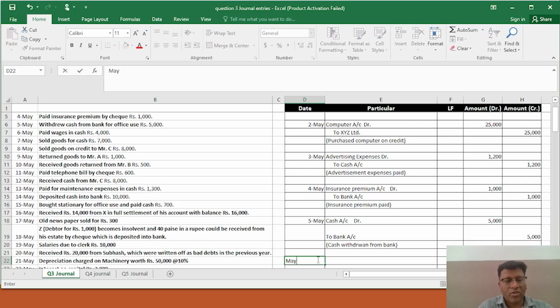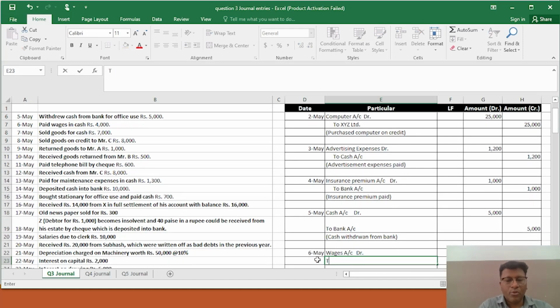So first you have to mention May 6 and wages account debit to cash account, because cash is reduced, cash is going outside, so what goes out is credited as per the rules. And this relates to which account, personal, nominal or real?